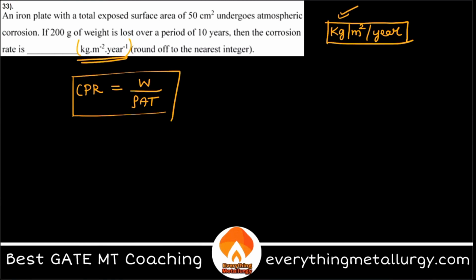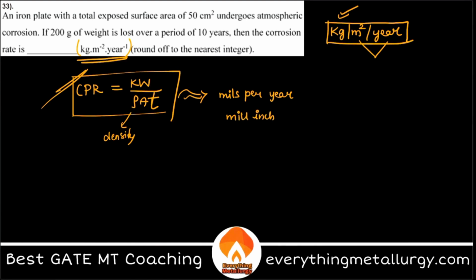Here rho is my density, T is my time, A is my area. Usually we use this particular formula when we want the rate in mils per year, that means milli inch per year.